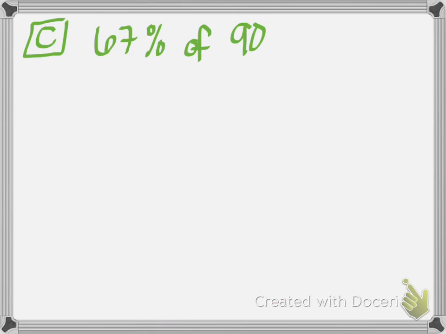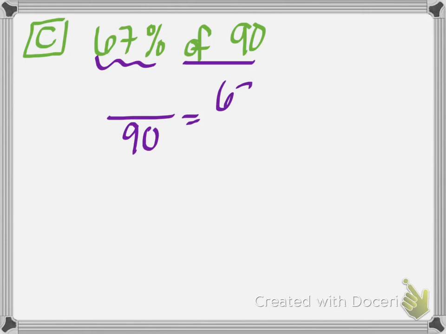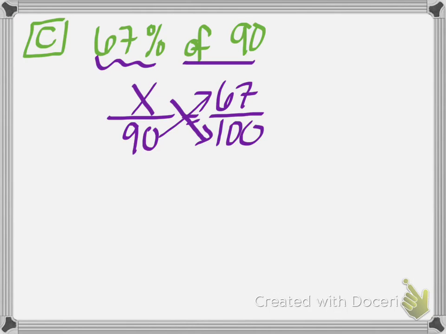Okay, here's number C, 67% of 90. There's the percent. There's that word of. I'm going to put of in my denominator, and 67% over 100, that is the percent. X goes in the numerator. Cross product.